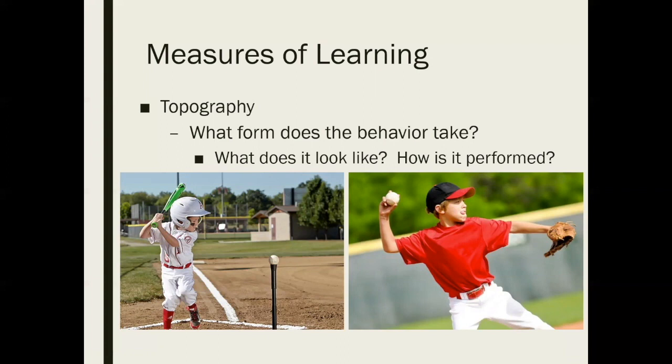I wanted to see him stepping with the proper foot when he threw the ball, regardless of how far or in what direction he threw it. So, I was interested in the topography of his behavior. And as we learn things, we often do come to perform them a little differently. There's often a change in the form that the behavior takes, a change in what the behavior looks like. And again, we refer to those changes as changes in topography.